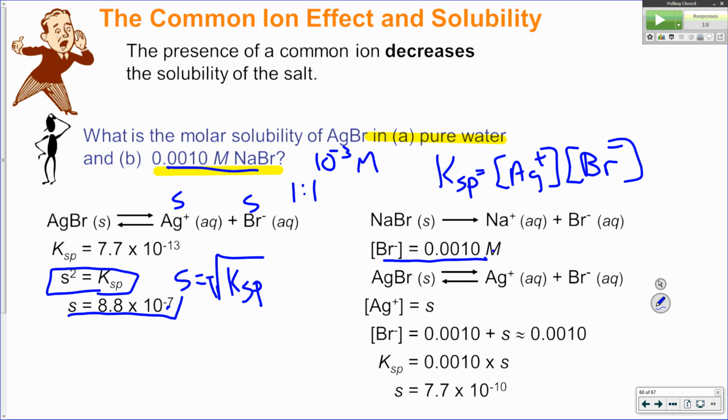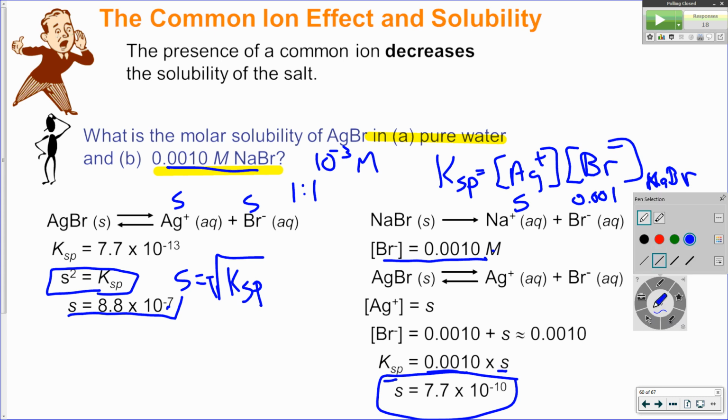Here it's 10 to the minus 3rd. So the total bromide is essentially the bromide that's coming from the sodium bromide. The way this simplifies things is this is S, and this is a known value, 0.001. So now KSP simply equals 0.001 times S. You divide the 0.001 over, and the solubility is 7.7 times 10 to the minus 10th.